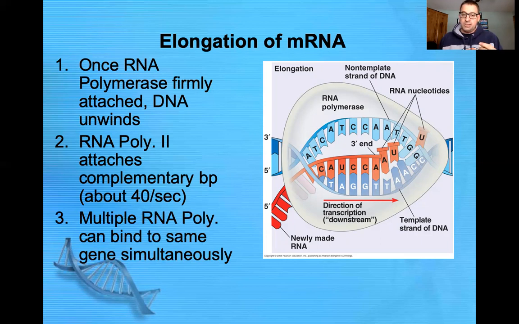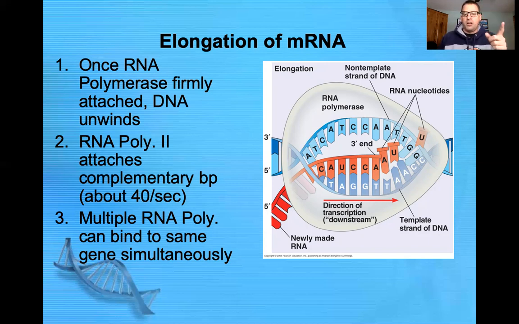And what's interesting is multiple RNA polymerases can bind to the same gene simultaneously. So one attaches, starts transcribing, another one attaches behind it, starts transcribing. Because when a cell needs, say, a particular enzyme produced, it doesn't need just one copy of that enzyme made, right? It's going to need thousands of copies of that enzyme made. So how is the efficiency of transcription increased?